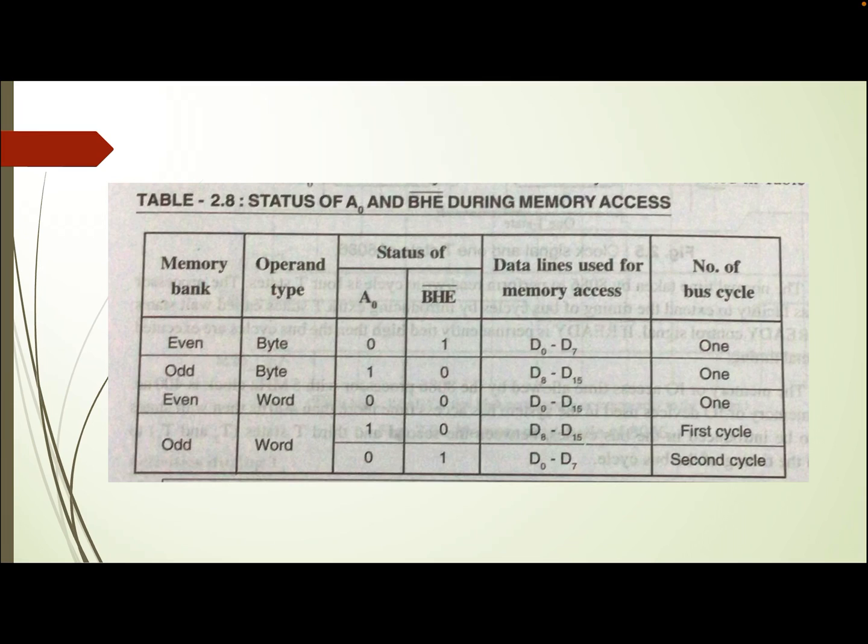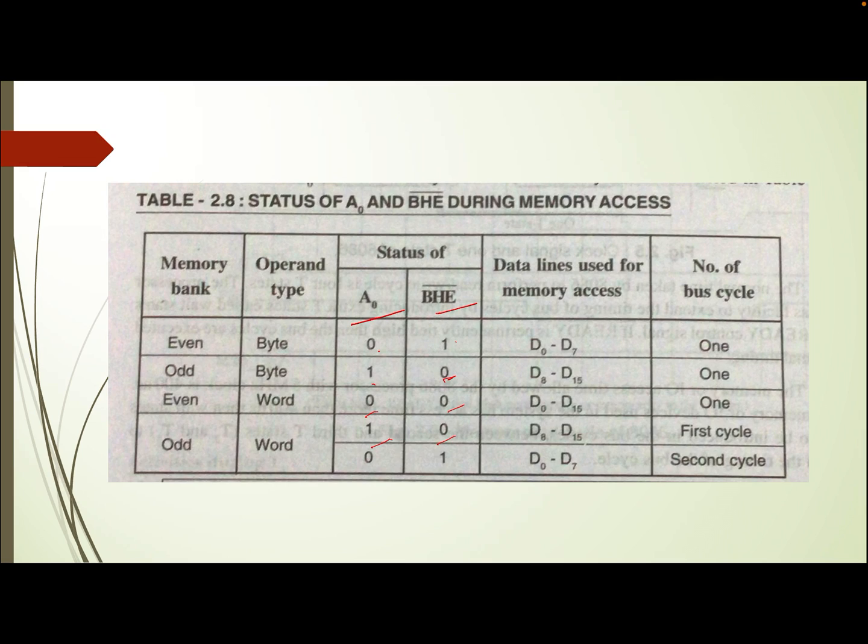Now this is the status of the signals used for selecting the different banks, odd and even, during memory access: A0 and BHE. We can see the different configurations when A0 is low and BHE is high, when A0 is high and BHE is low, when both are asserted 0, and when we want 2 bus cycles for access.